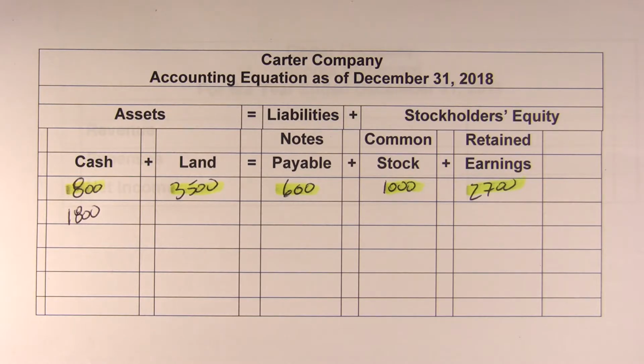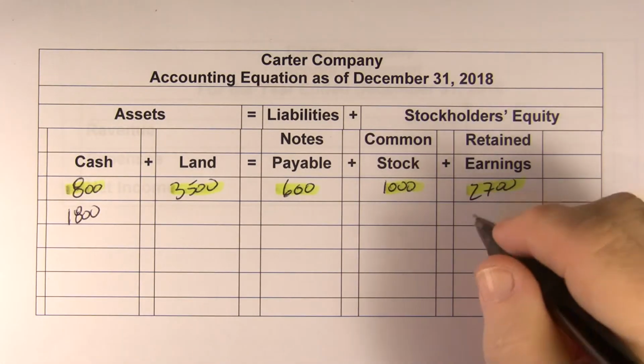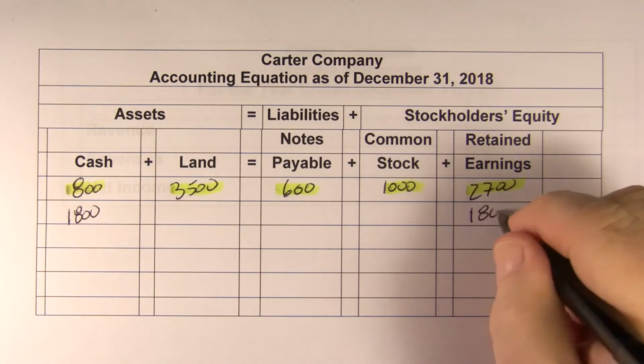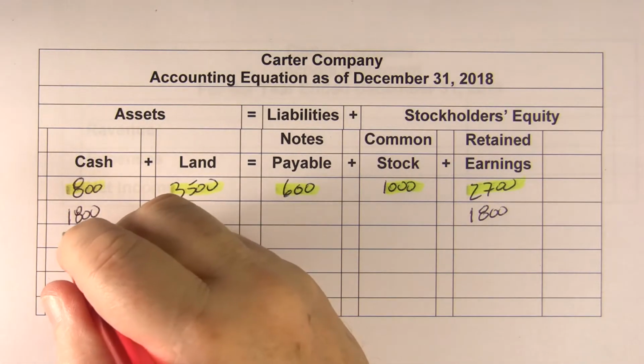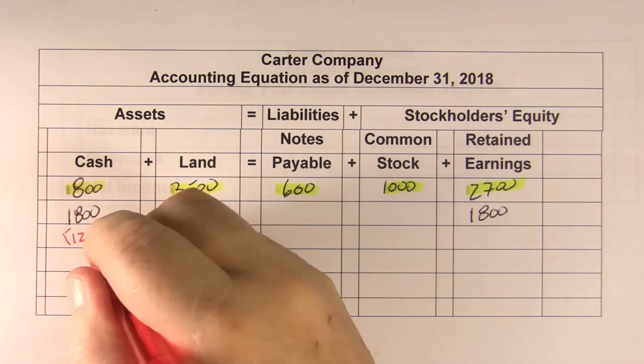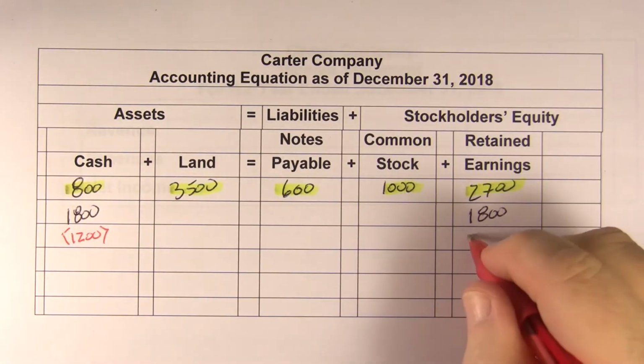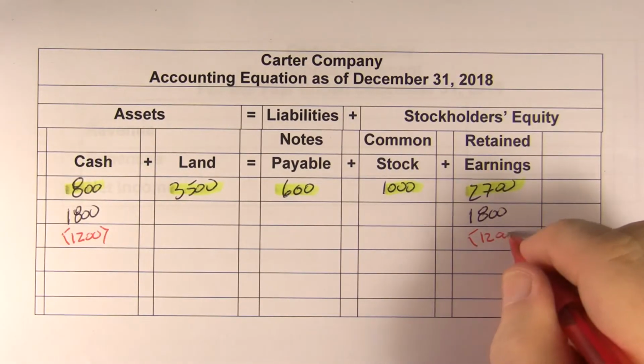So we have to say what we got and where it's ultimately going to go, and it's ultimately going to go to retained earnings. Then we paid $1,200 worth of expenses. And that also is a reduction to retained earnings.